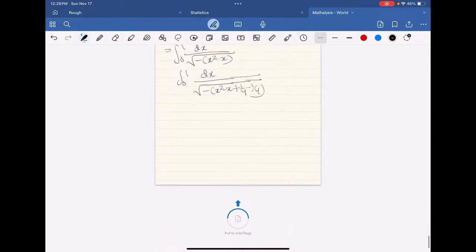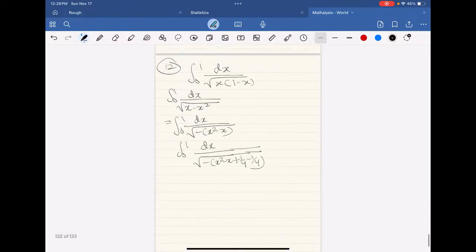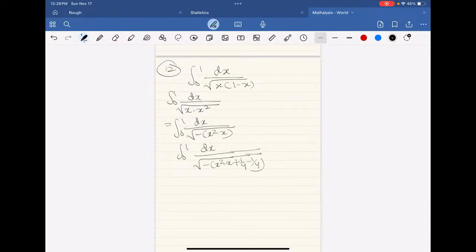And then I can write this as the integral from 0 to 1 of dx by square root of 1 by 4 minus x minus 1 by 2 whole square. So this is half square minus x minus half square, right? So this is a square minus x square, so this will just be sine inverse of x by a from 0 to 1, right?